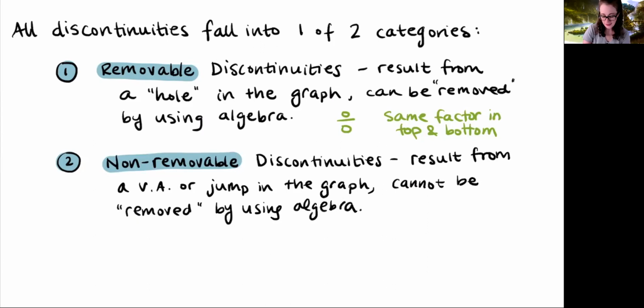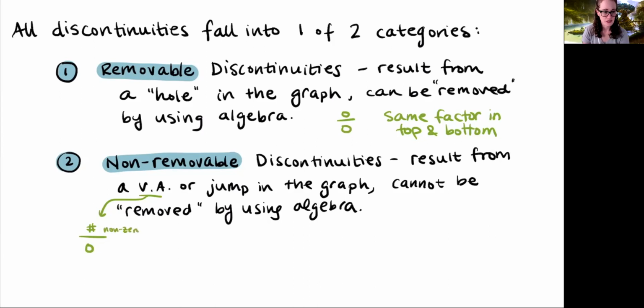So algebraically, if you were looking for these, a vertical asymptote would be shown by having a 0 in the bottom and some other non-zero number up top. I know 0 is a number, but a vertical asymptote comes from a non-zero number in the numerator and a 0 in the denominator.